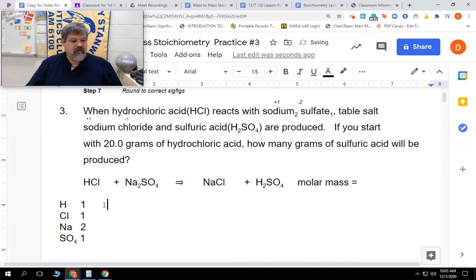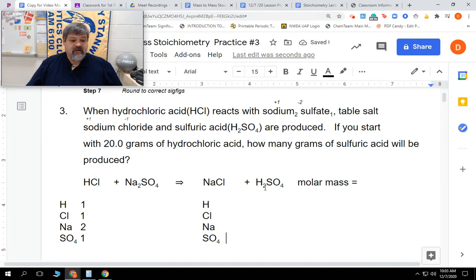So now we're going to step over to the other side of the equation, and we're going to write the same elements there. So I have hydrogen, I have chlorine, I have sodium, and I have my SO4. Now, what do I have of each one on this side?